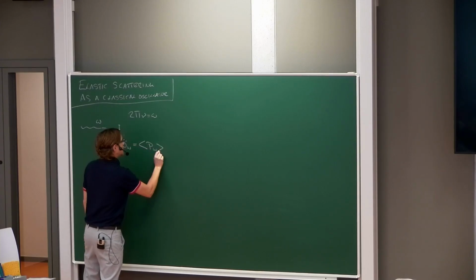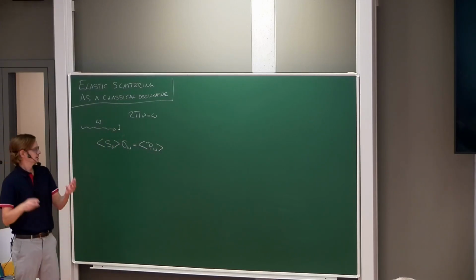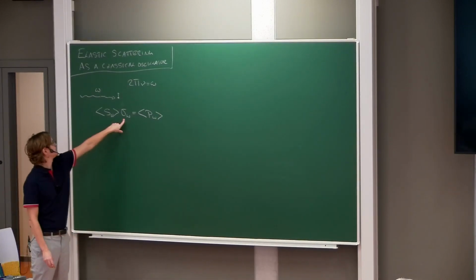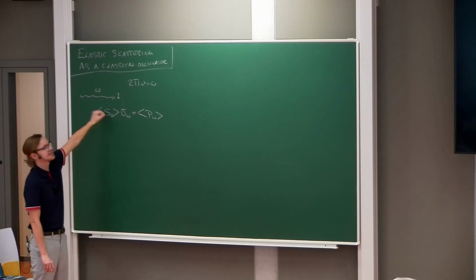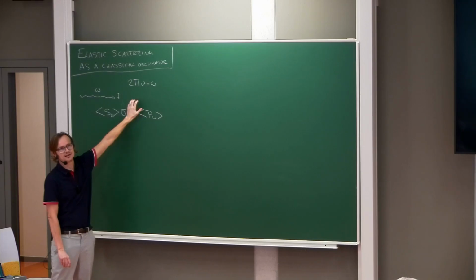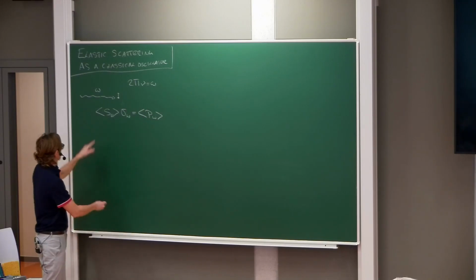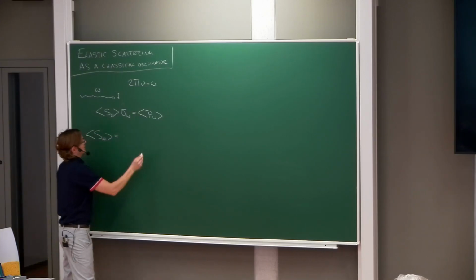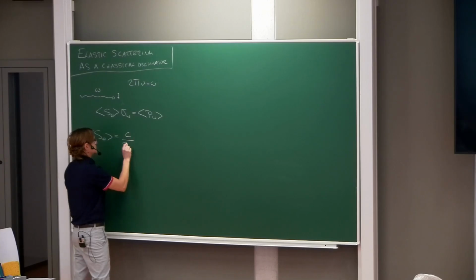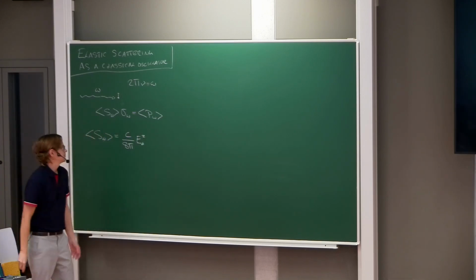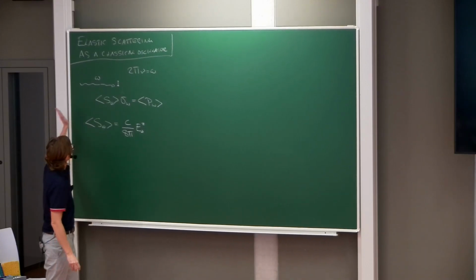And then our objective was to figure out what the cross-section in this expression was, where we could express this as essentially the decrease in the incoming flux and the relationship between the power emitted by the electron. And for these, we already got the expressions, right? The incoming flux, averaged now, that's why I put that, is just c over 8 pi E0 squared, where E0 is the amplitude of the electric field of the incoming wave.